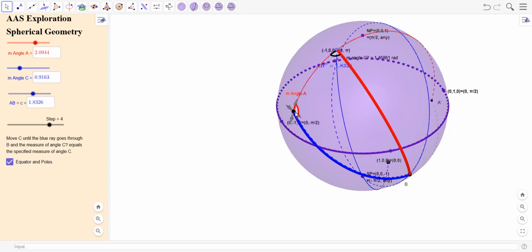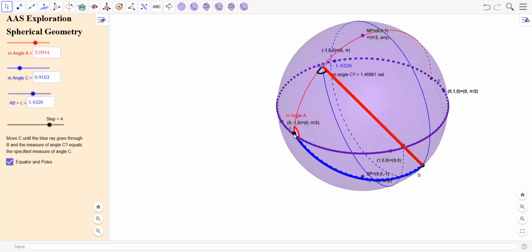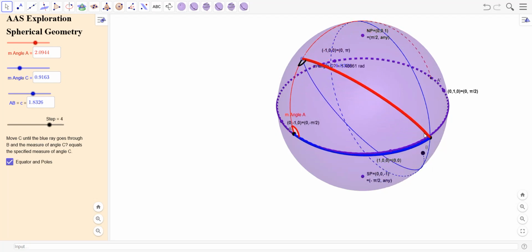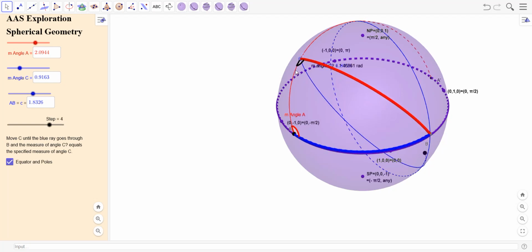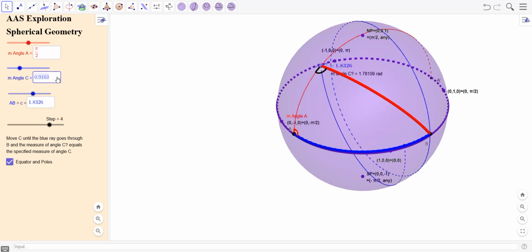There's the equator and the poles. Let's put A and B on the equator. And let's pick these to be pi over 2 for both angles.